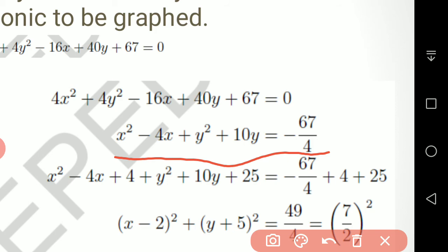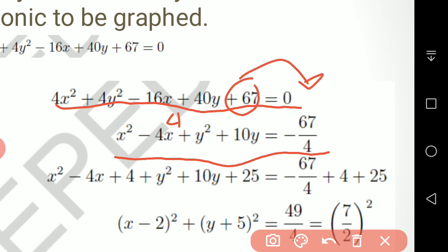We divided the whole equation by 4 while we transferred 67 to the right side of the equation. That's why it's negative over there. And we group it, x squared minus 4x, negative 4 divided by 2, we square that, that's positive 4. Positive 10 divided by 2, that's positive 5. We square that, we have positive 25. We add that to both sides of the equation. And then remembering that half of negative 4 is negative 2 and half of positive 10 is positive 5. So simplifying this, you have this.